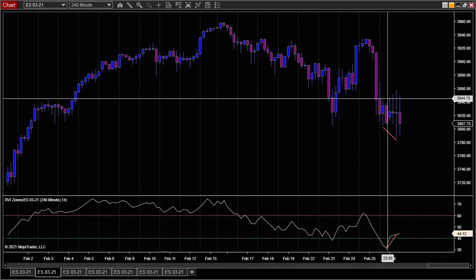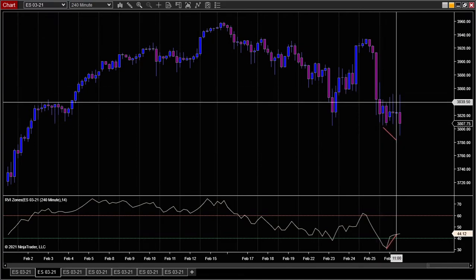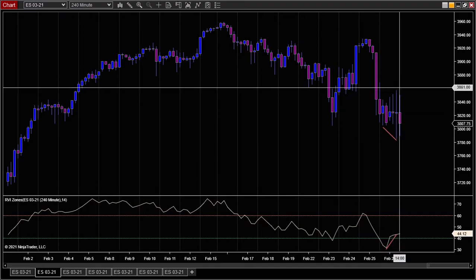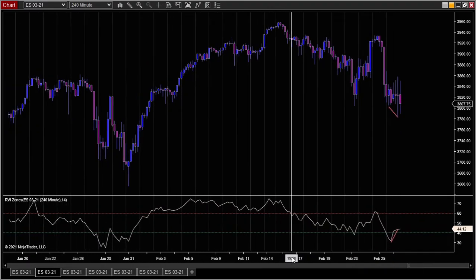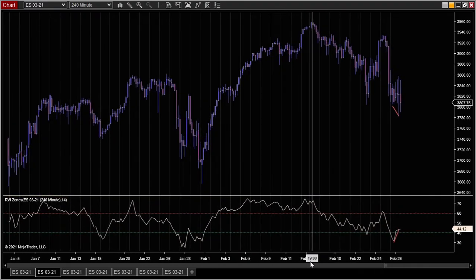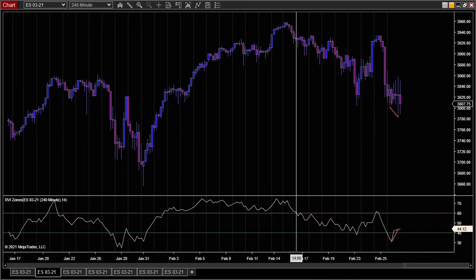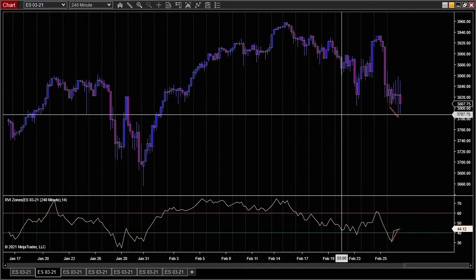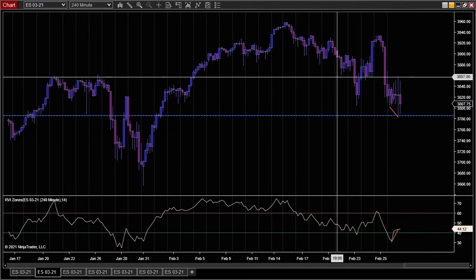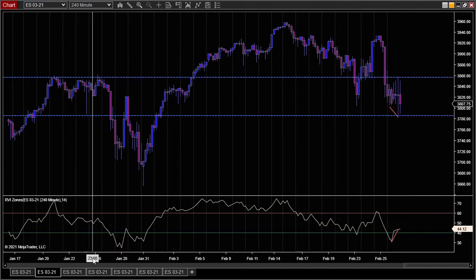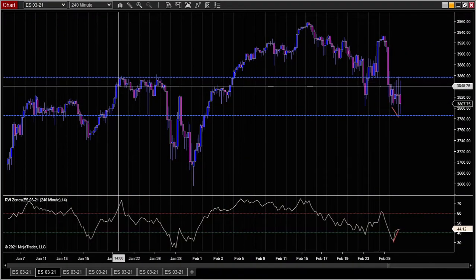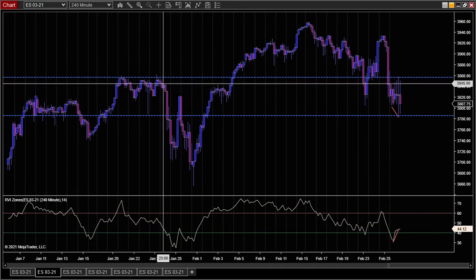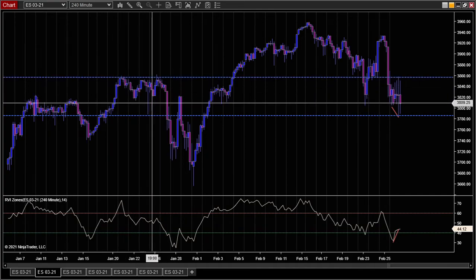Now you can see in this area here, lots of noise. You have a lot of these ambivalent candles with huge wicks on both sides. But I did point out on Friday's session, if you look at the range here of these wicks, and you look at the bottom and the high end, you can see that back in time here, we spent a lot of time chopping around in this area, most of January.